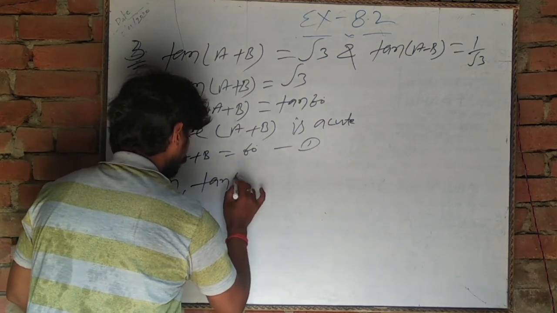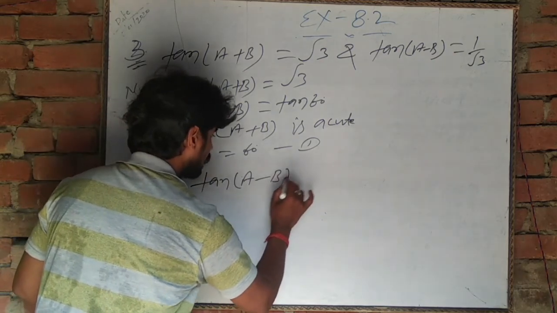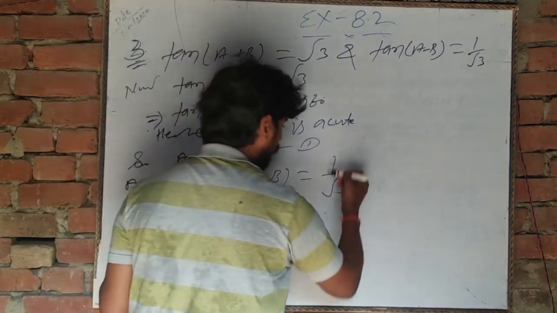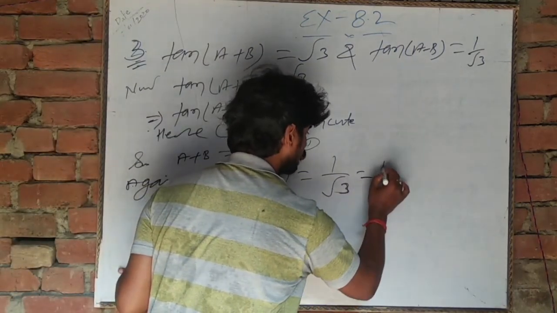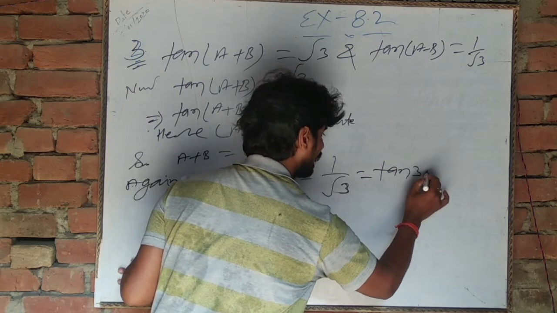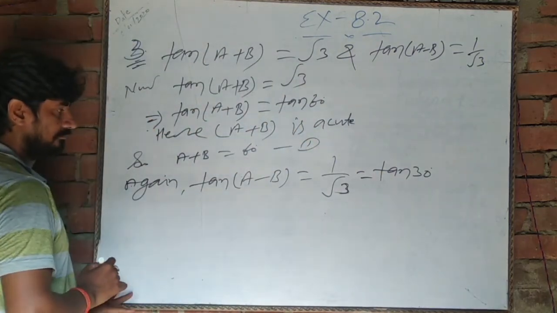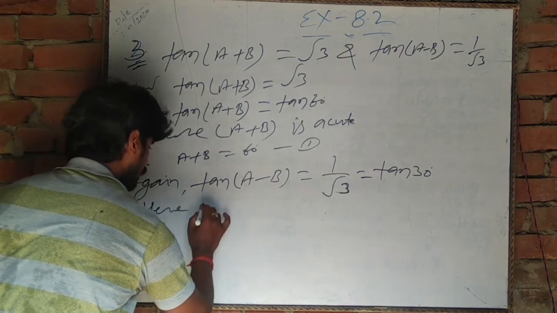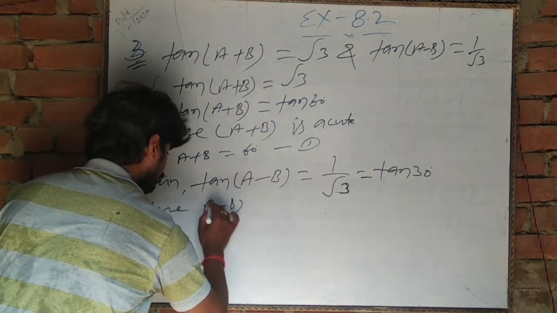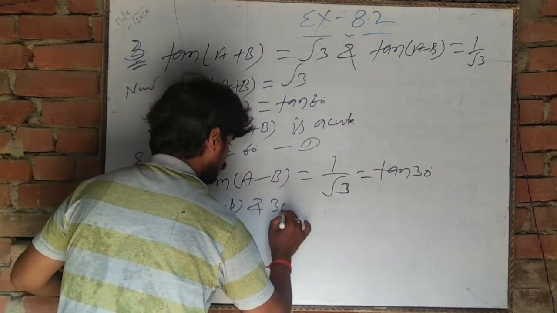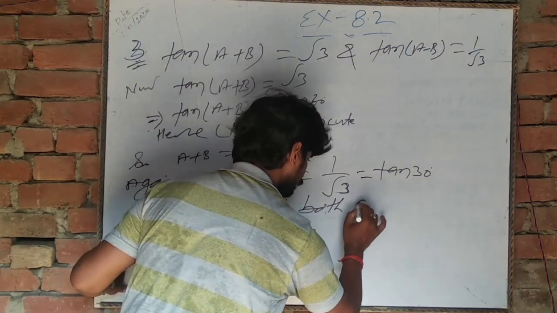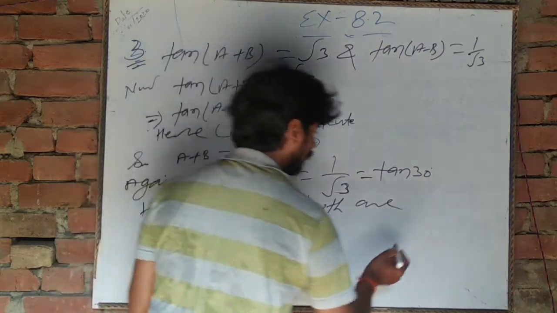Again, A minus B equal to 1 by root 3. And we have an idea 1 by root 3 is equal to tan 30 degree. Here A minus B and 30 degree both are acute angles.